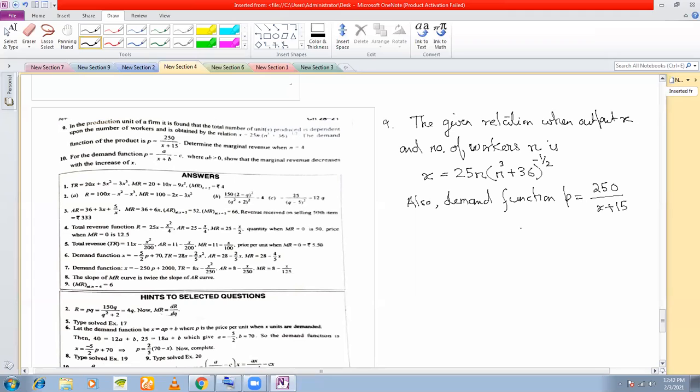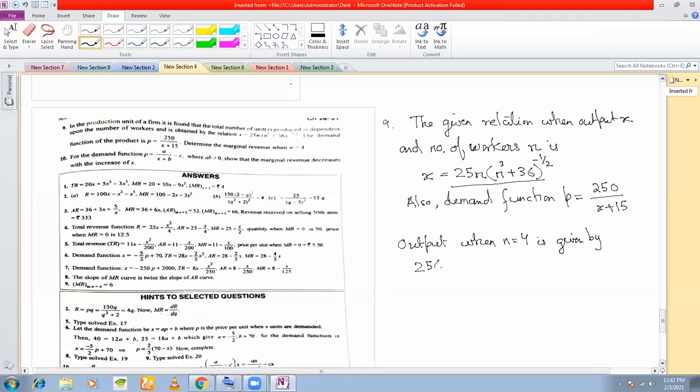So first of all, we shall find out what is the output when n is equal to 4. You put n is equal to 4 in this, and you'll get the output when the number of people working are 4.